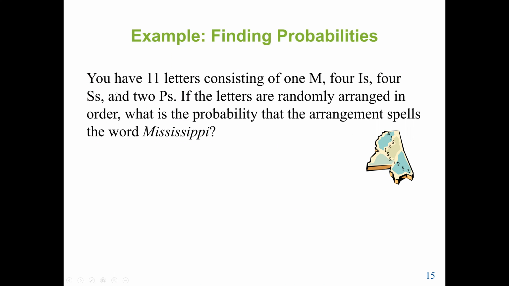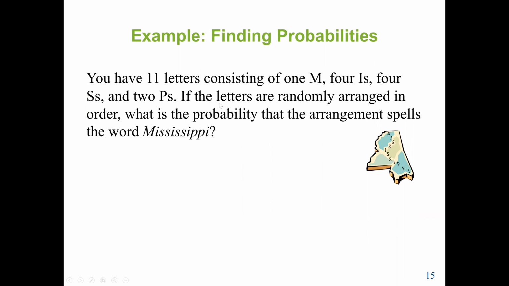Next example, we have 11 letters consisting of 1 M, 4 I's, 4 S's, and 2 P's. If the letters are randomly arranged in order, what is the probability that the arrangement spells the word Mississippi?